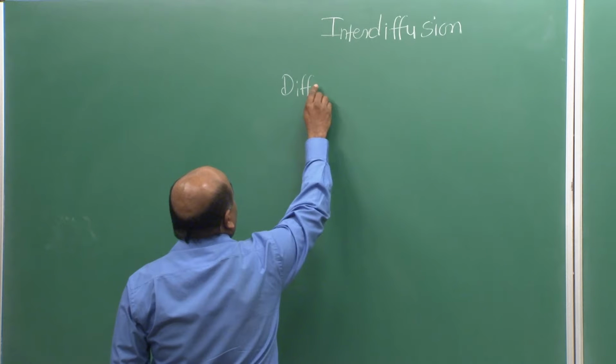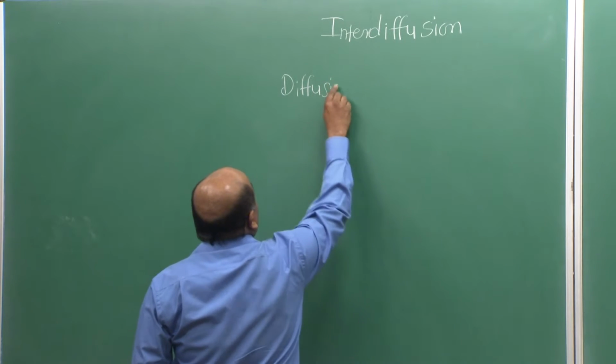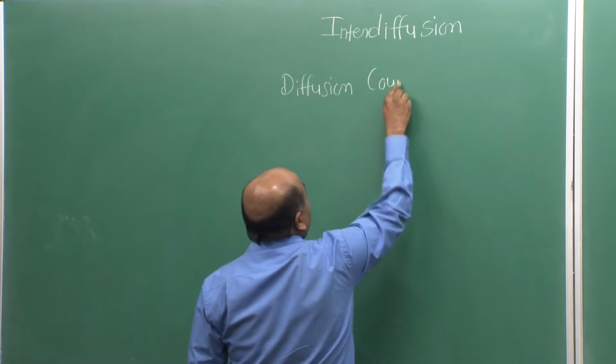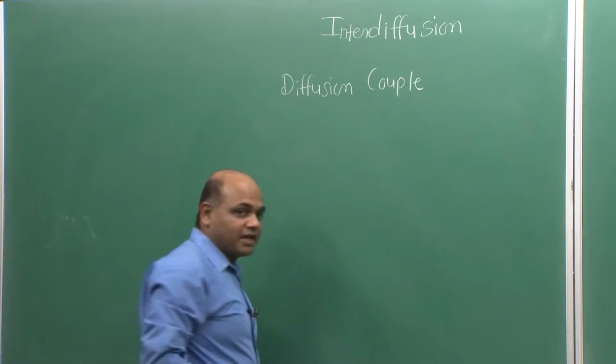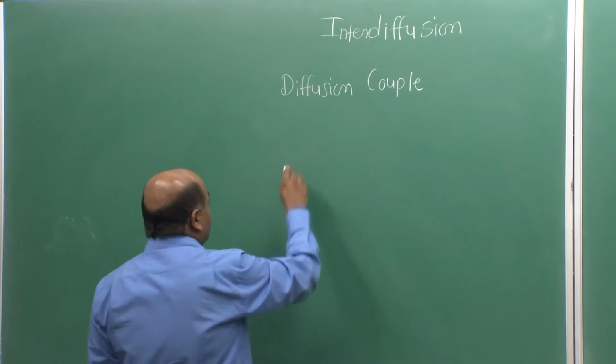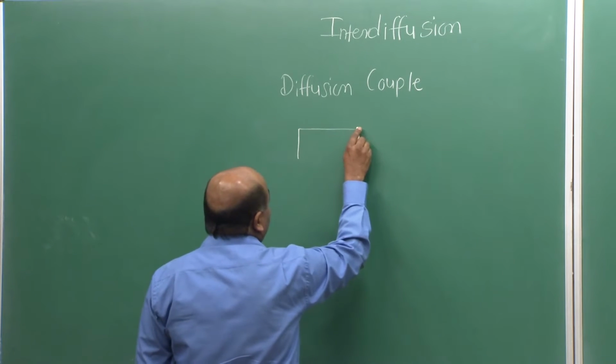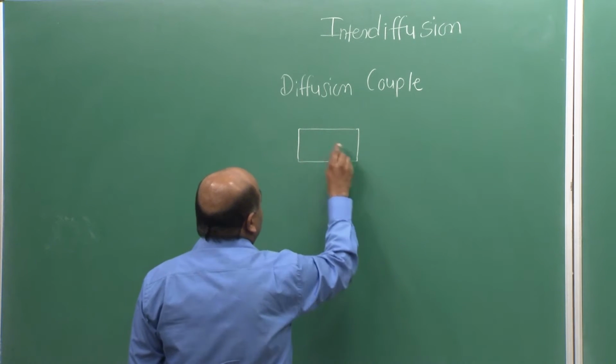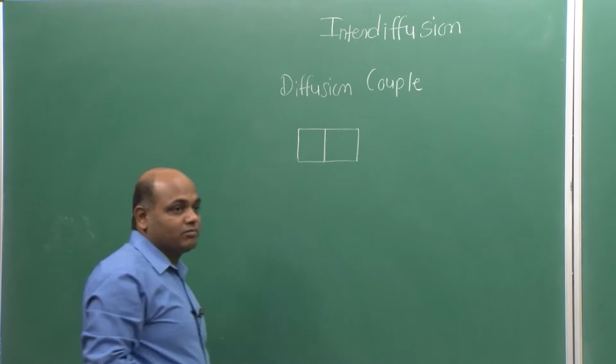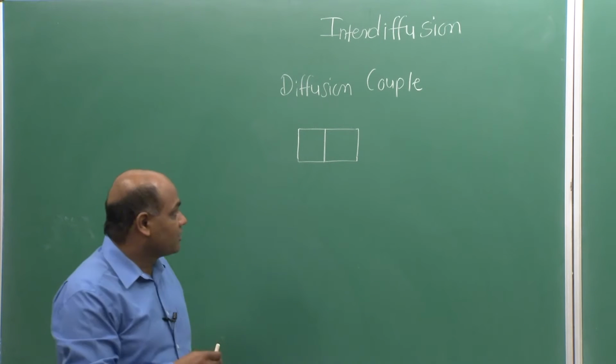Most commonly, interdiffusion coefficients are determined using diffusion couple technique. In this, two alloys of different compositions are placed in contact with each other.